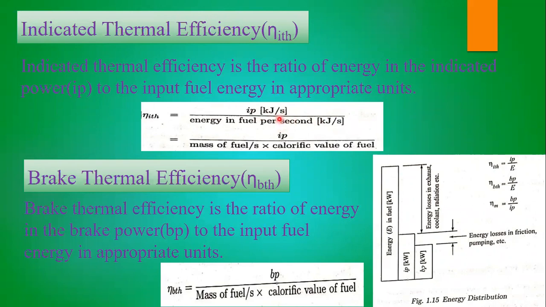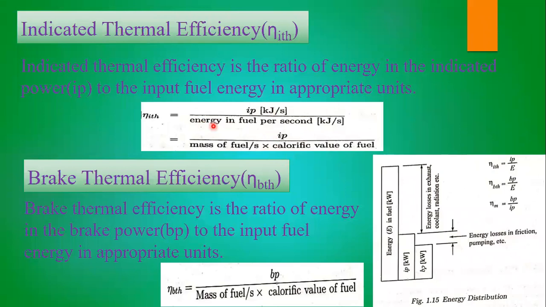If we have high indicated thermal efficiency, the brake thermal efficiency is going to be high. In that way we can test the engine with the help of indicated thermal efficiency. If indicated thermal efficiency is good, then the performance of the engine is going to be good. That is one performance parameter.